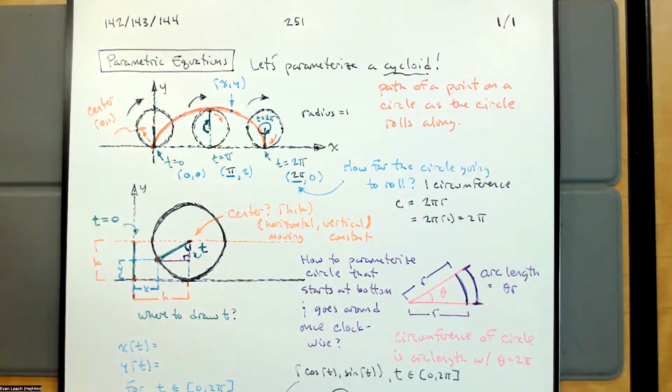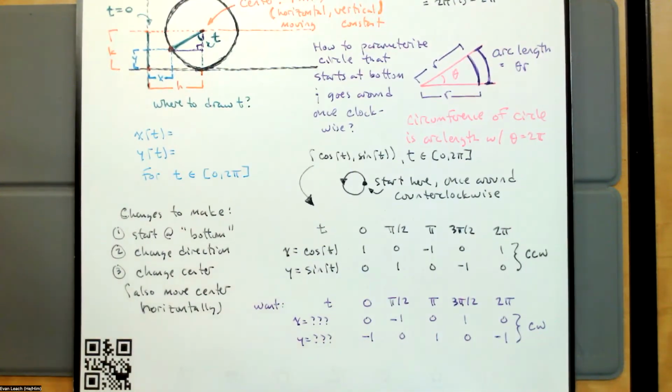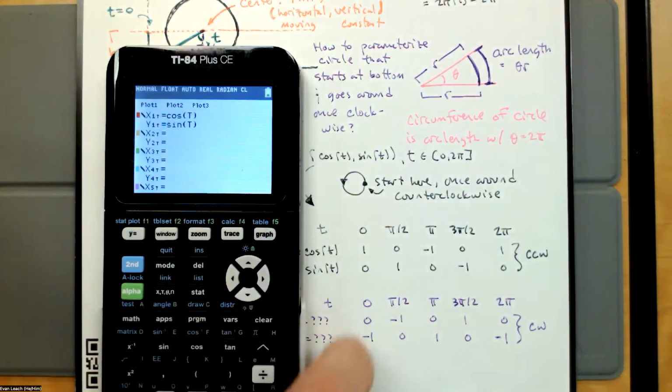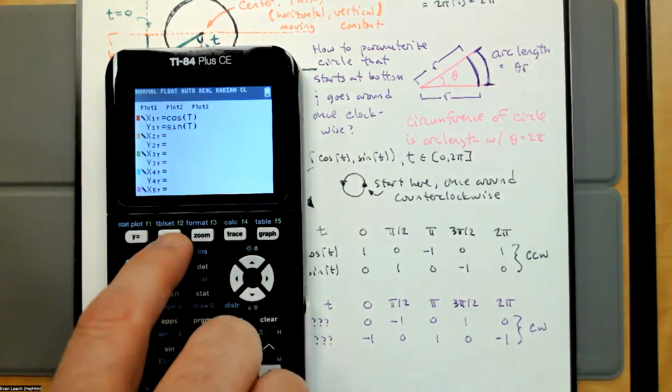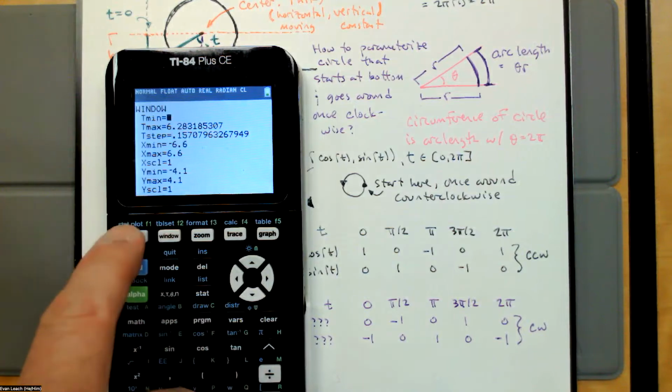So we started with our normal parameterization for a circle, which is x is cosine of t and y is sine of t for t between 0 and 2 pi. This will take a circle around once, but it starts in the wrong place and goes in the wrong direction.